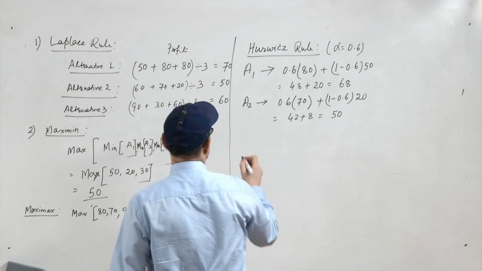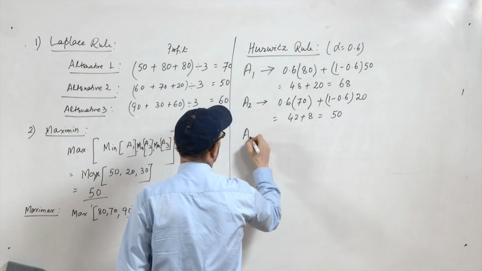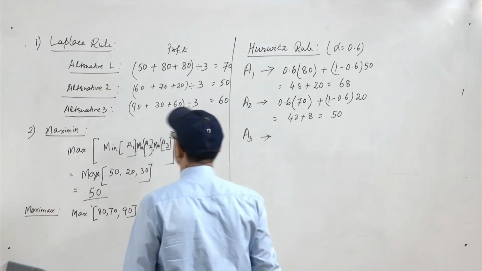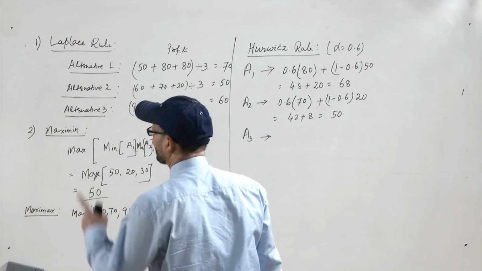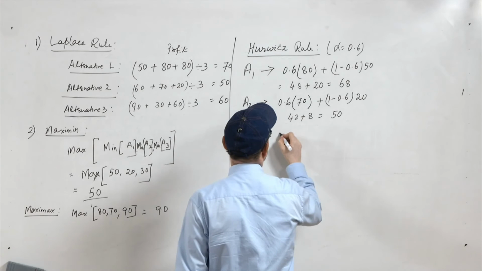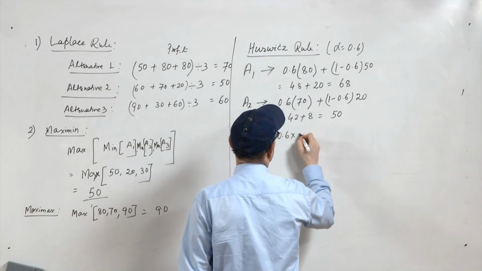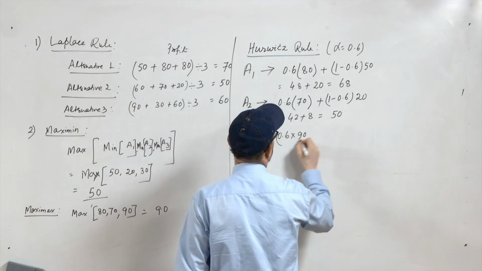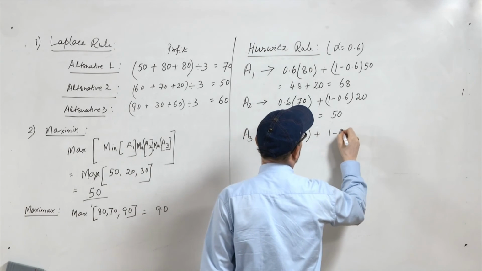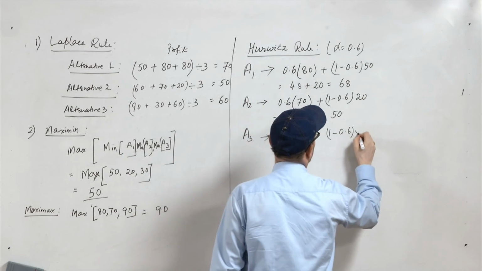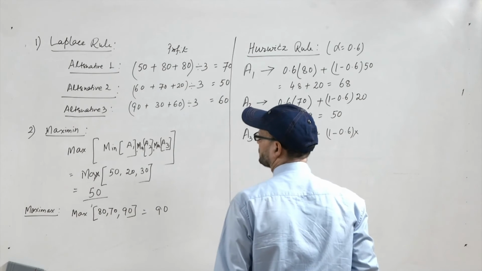You go to alternative 3. Alternative 3 maximum is 90. So, using this parameter, 0.6 into 90 plus 1 minus 0.6 into the minimum value, which is 30.